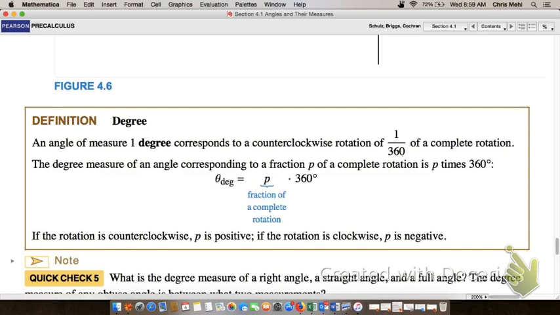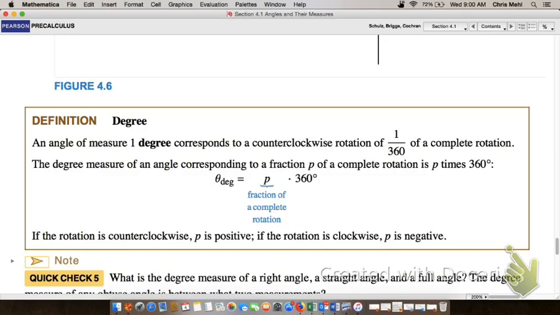The formula is the same for a fraction of a complete rotation: the angle measure in degrees is your fraction of the complete rotation, with the same convention as before, positive if you rotate counterclockwise and negative if you rotate clockwise, multiplied by 360 degrees.